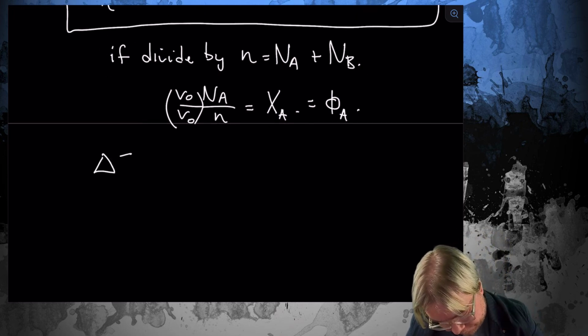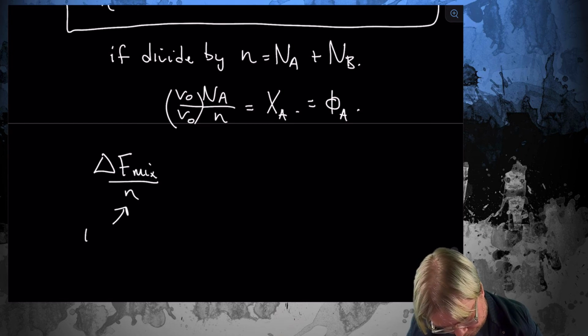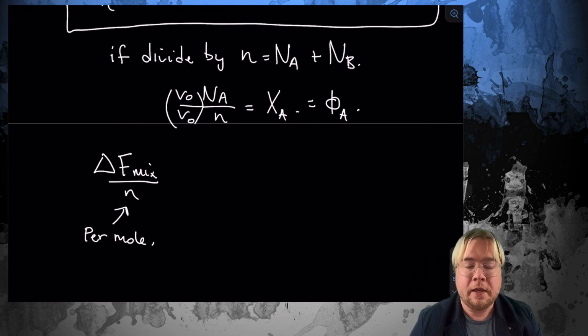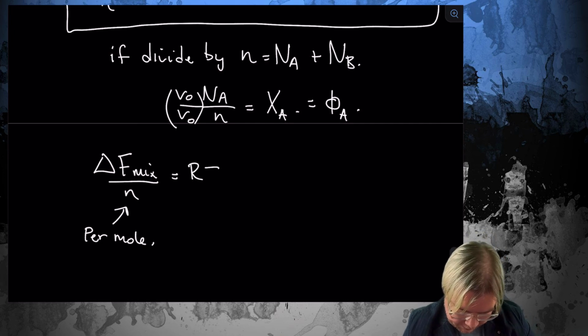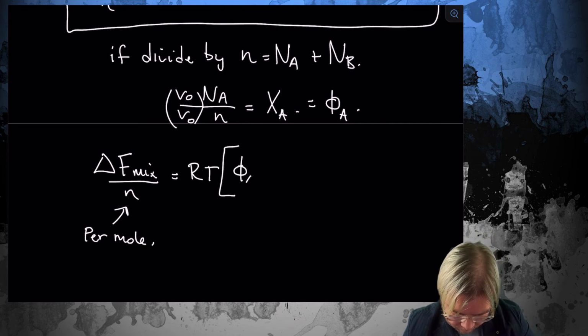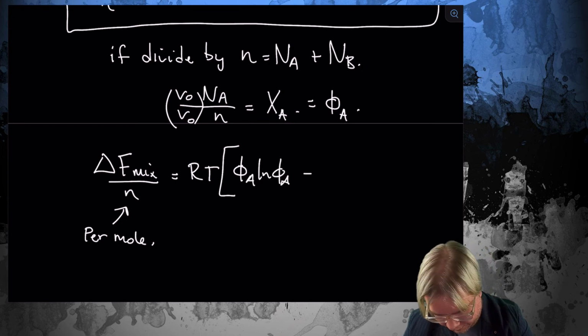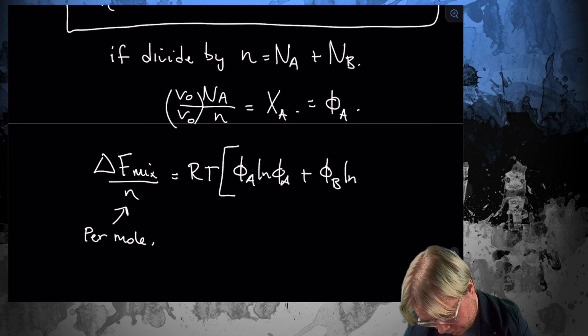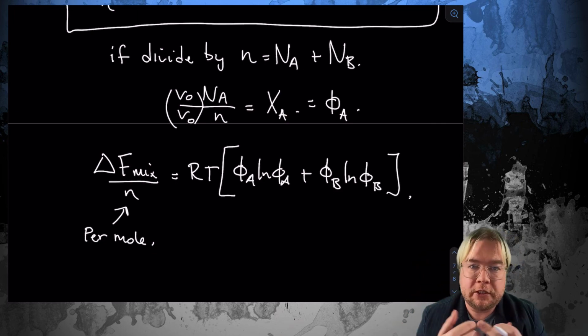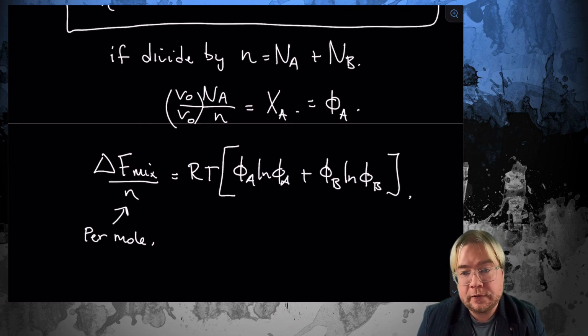You could write delta F mixing per mole, and instead you could write that as RT phi A log phi A plus phi B log phi B. So I tell you this just because you're going to see it in different forms, and depending on what it is you're trying to calculate, you're going to have to use the correct form, all right?